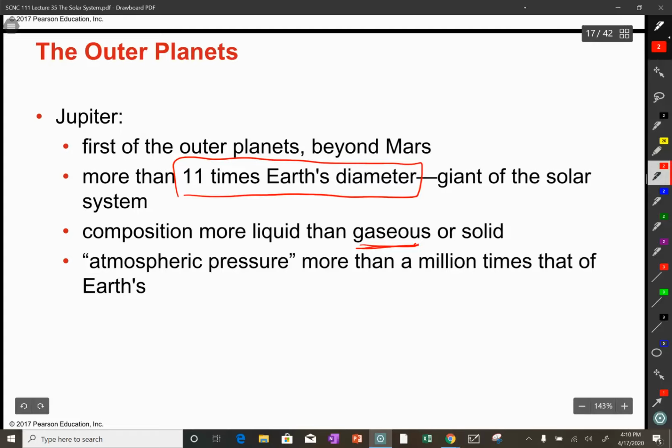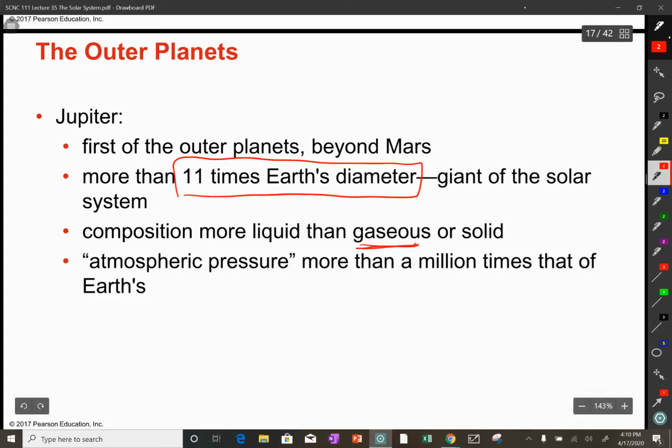Now, I put in quotes here atmospheric pressure. Why atmospheric pressure in quotes? Because where do you find the pressure? Where does the Earth's atmosphere end? When we talked about the atmosphere, we went up there to the exo atmosphere, and the exosphere is what it was called. And so if you come into Jupiter, if you're far enough away, the pressure is virtually zero, and you get down closer and closer and it gets bigger and bigger.